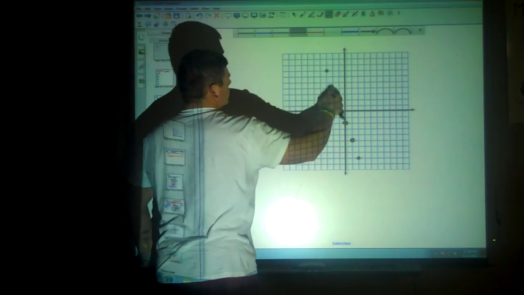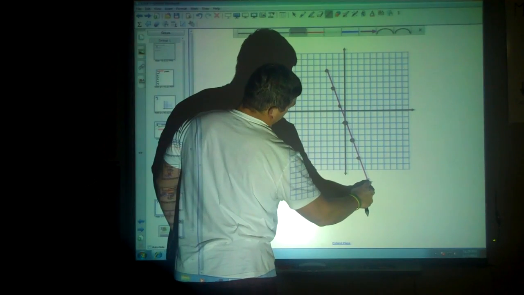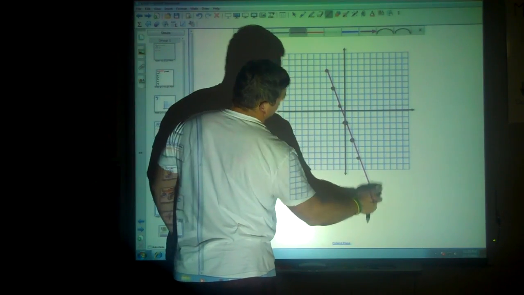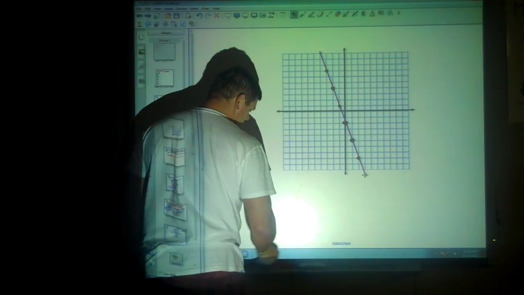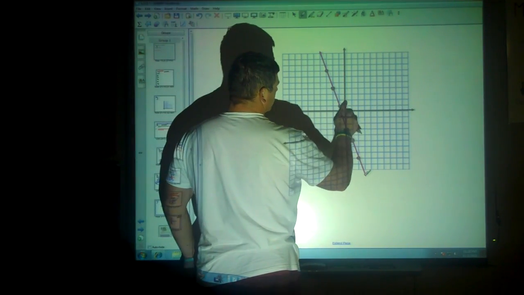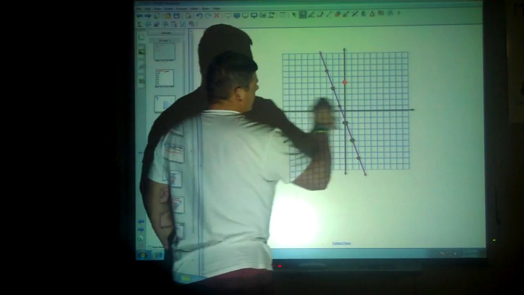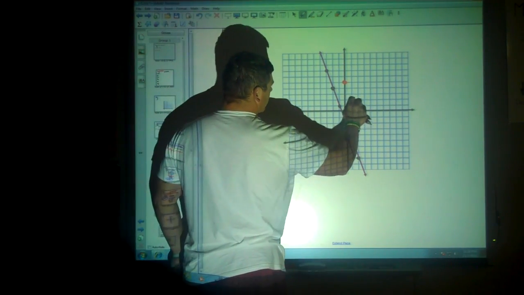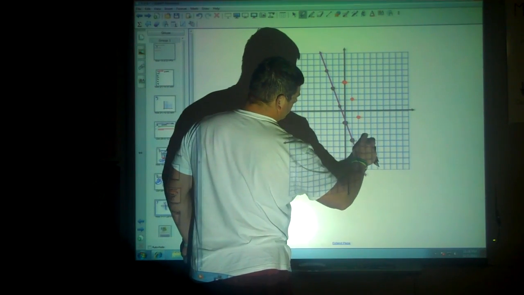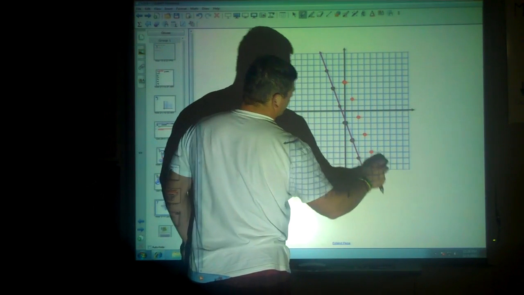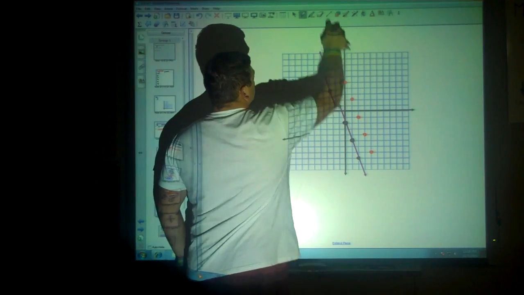So we have an equation that looks like this. And the newfound equation had a y-intercept at 5. So 1, 2, 3, 4, 5. And it also went down 3 and right 1, down 3 and right 1, down 3 and right 1. It would do this forever, or up 3 and left 1.